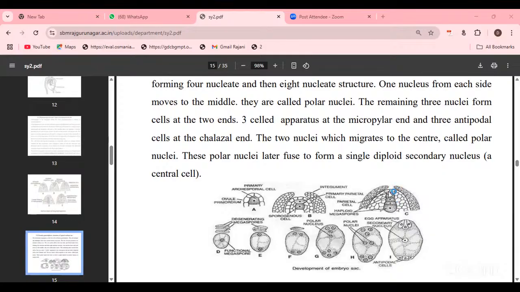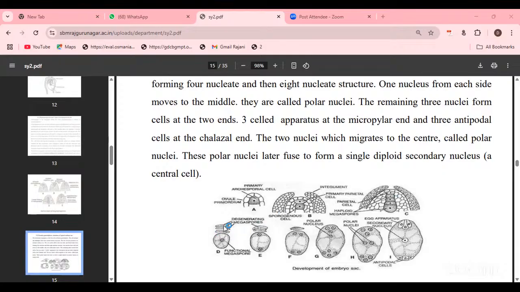The parietal cell does not undergo further division; only the sporogenous cells divide mitotically to form four haploid megaspores. Of these, three degenerate and only one develops. This is the functional megaspore.